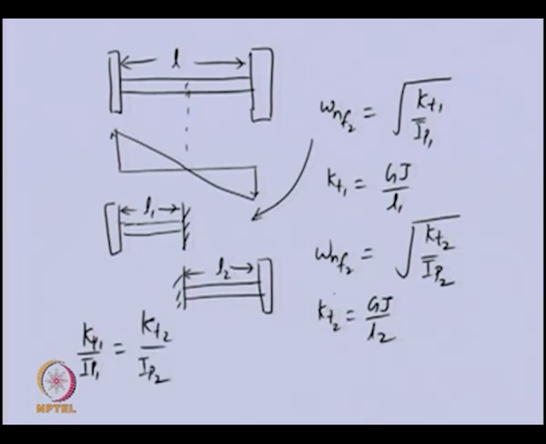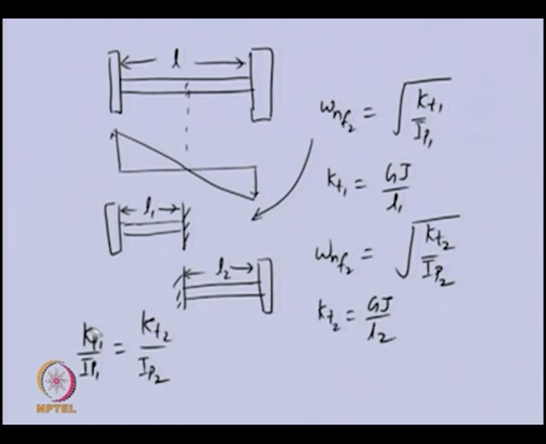Now, you can see if we substitute KT1 and KT2 in this expression, we will get, because most of the things are common, L2 by L1 is equal to IP1 by IP2. I am repeating this.